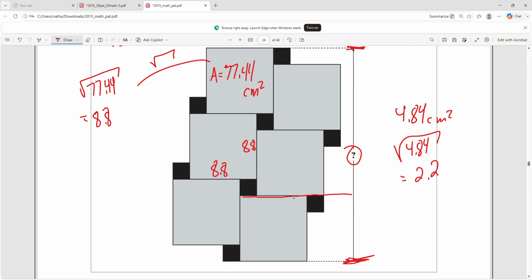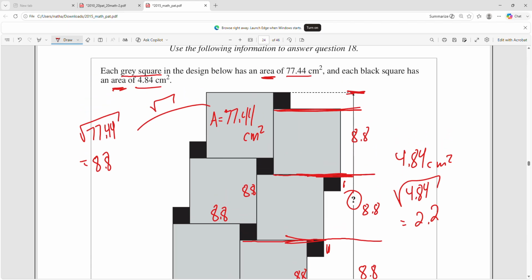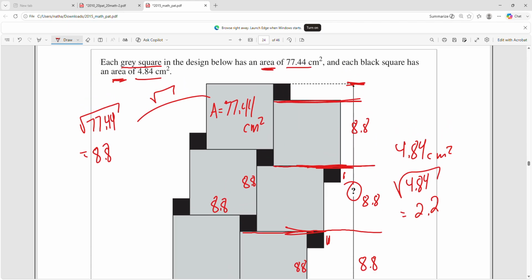Look at my square if I draw this over here. I know my square, we said, the length is 8.8, right? So here I've got 8.8. And then from the bottom of this big square to the top of the square is another 8.8. And then from the bottom of this square to the top of this square is 8.8. So we don't even need to know this distance, at least not yet. But to get the final distance, we do need to know from the bottom of this little square to the top of this little square, and that's 2.2.